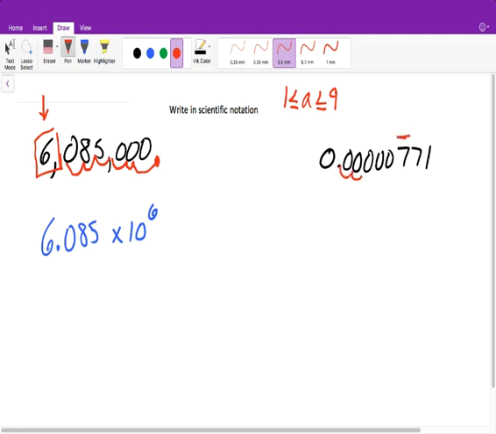So we move it 1, 2, 3, 4, 5, 6 as well. Now this becomes 7.71 times 10, and we moved it 6 to the right. So when we move it to the right and we're writing it in scientific notation, it is a negative power. So it's times 10 to the negative 6 power. All right, that would be the answer for those two.